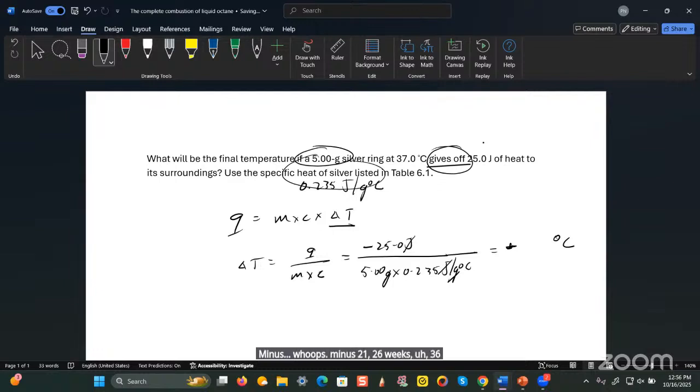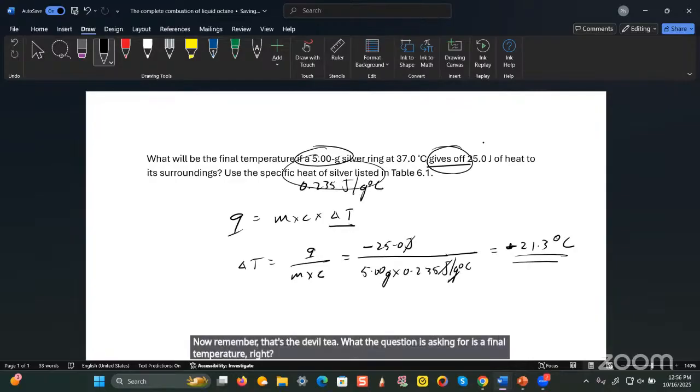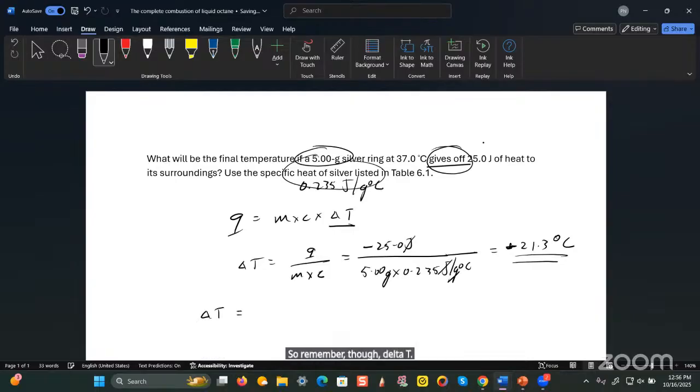So minus 21.3. Minus 21.3 degrees Celsius. All right. Now remember, that's delta T. What the question is asking for is a final temperature, right? So remember now, delta T is equal to the final temperature, T2, minus the initial temperature, T1, right?